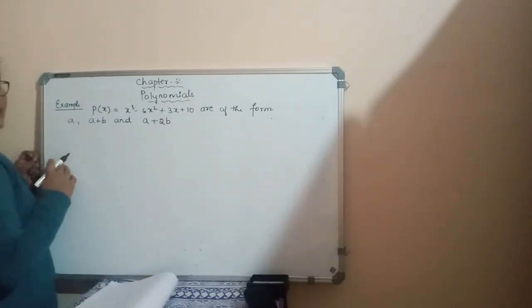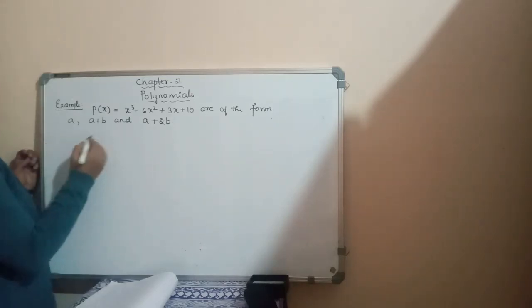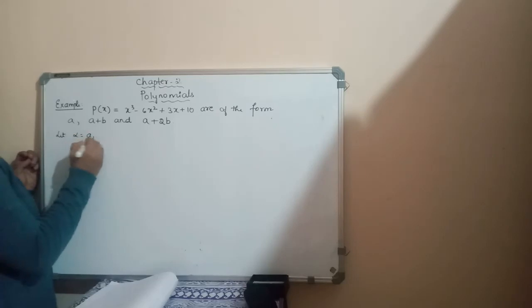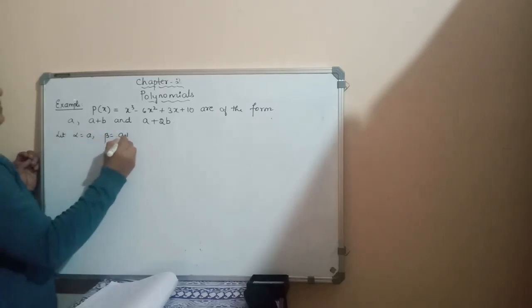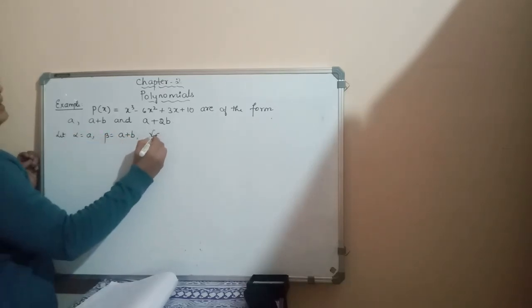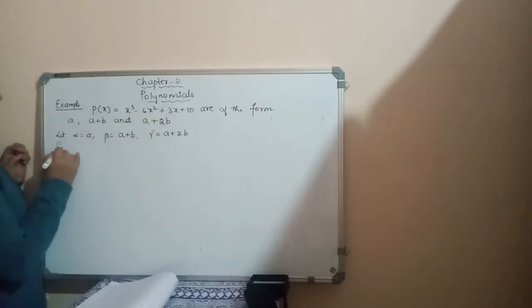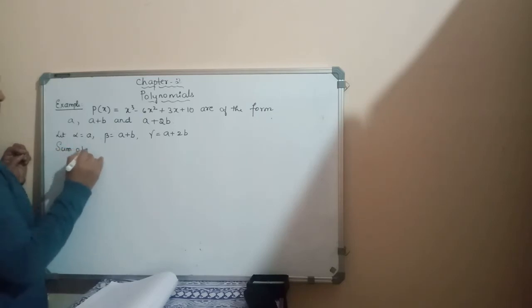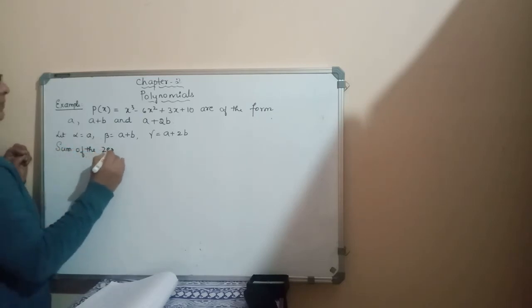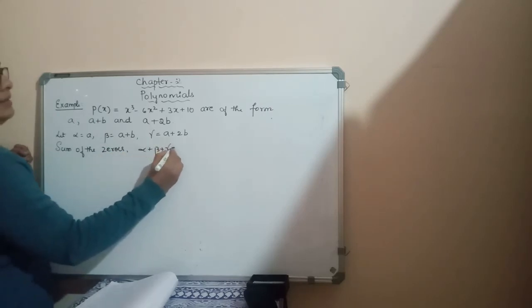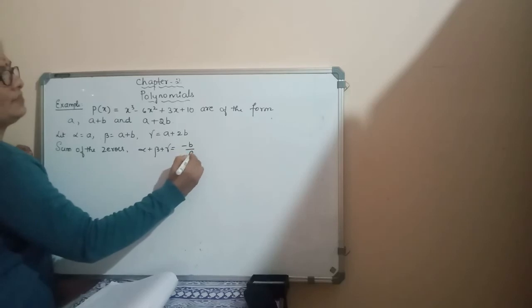First we take the relation between zeros and the coefficients. The sum of the zeros. See here, let alpha equal a, beta equal a plus b and gamma equal a plus 2b. Now, the sum of the zeros, alpha plus beta plus gamma, equals minus b by a.